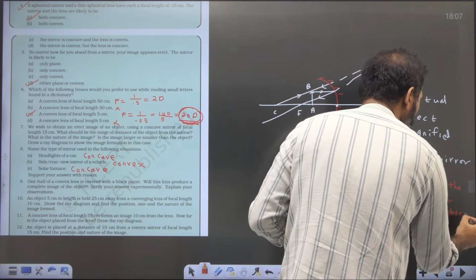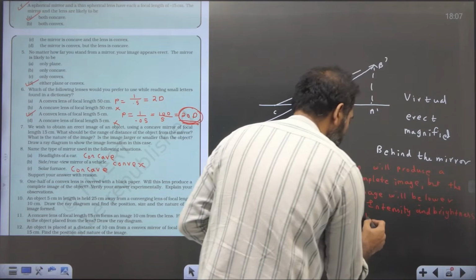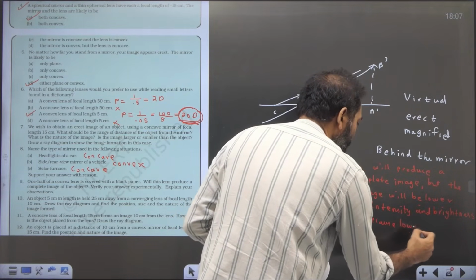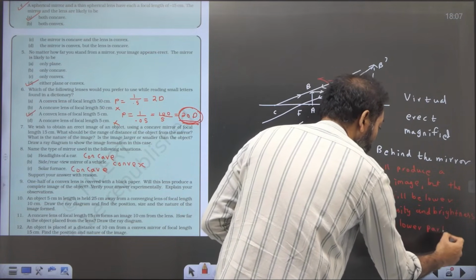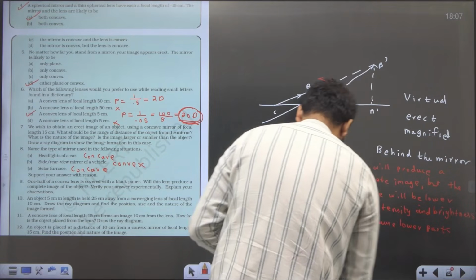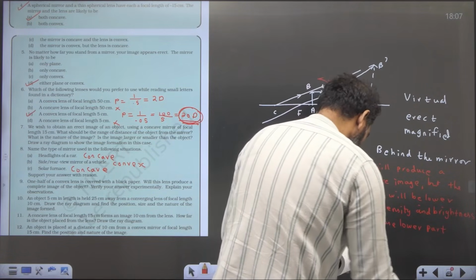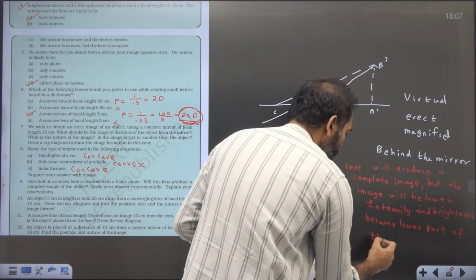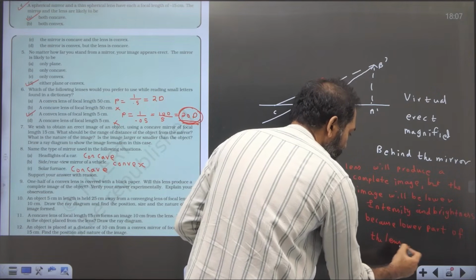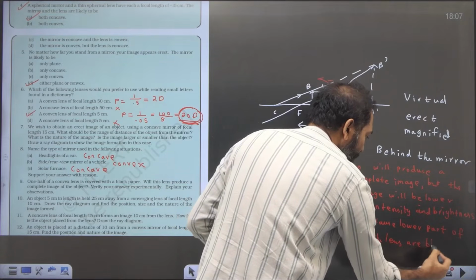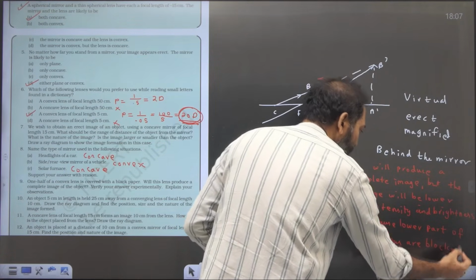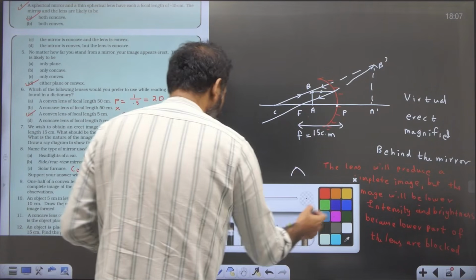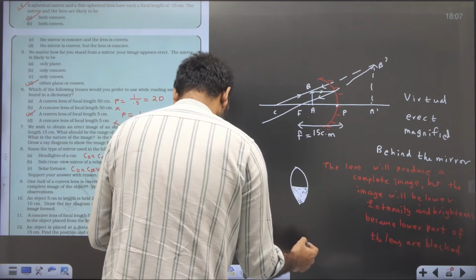What is the reason for that? Because in the lower part of the lens, rays are blocked. So the intensity will be lesser. There will be a complete image, but the intensity won't be there when you cover this lens with a black paper.